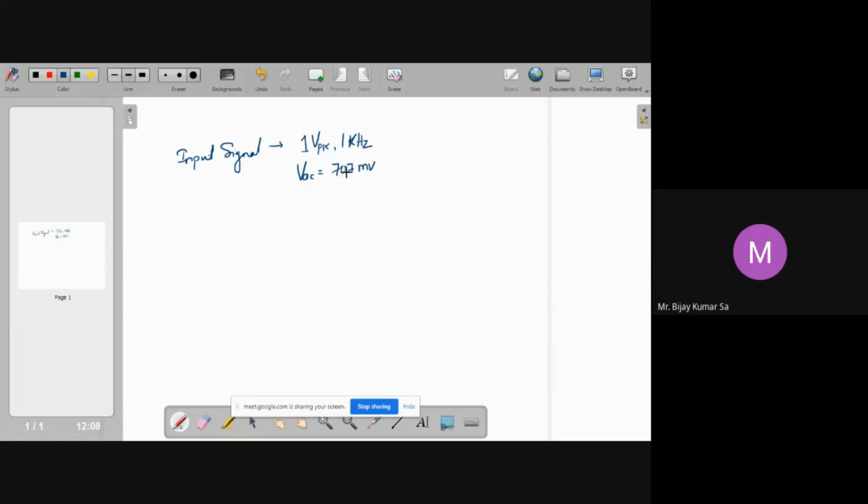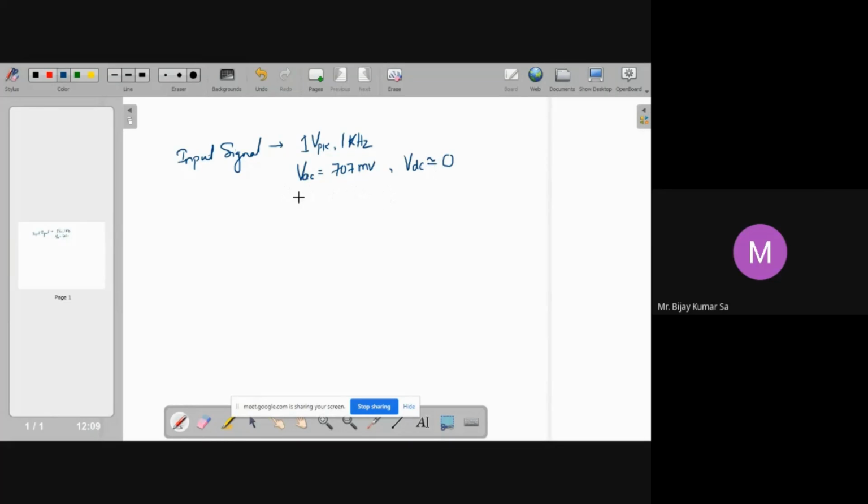I'm approximately writing it as 707 millivolt. And what VDC is it giving? It is almost 0. Not 0, but almost 0.